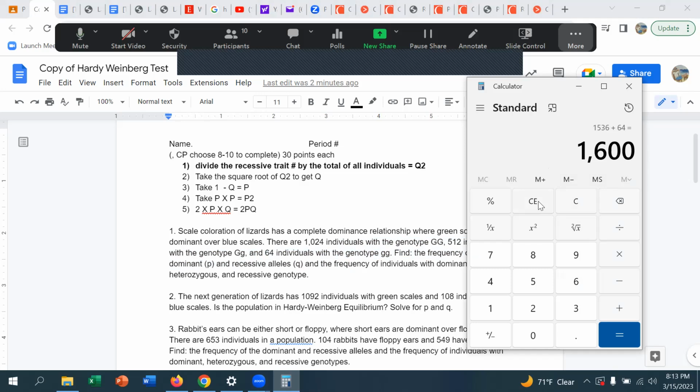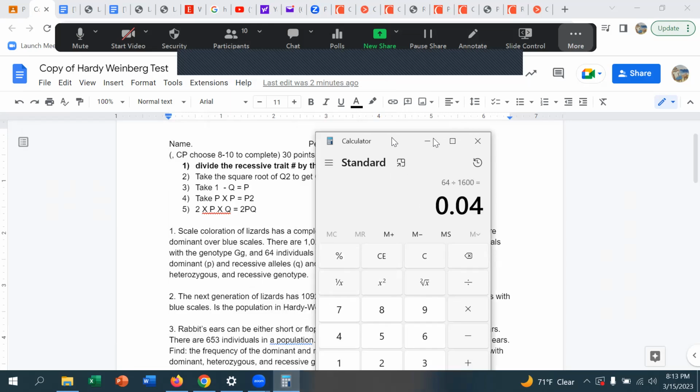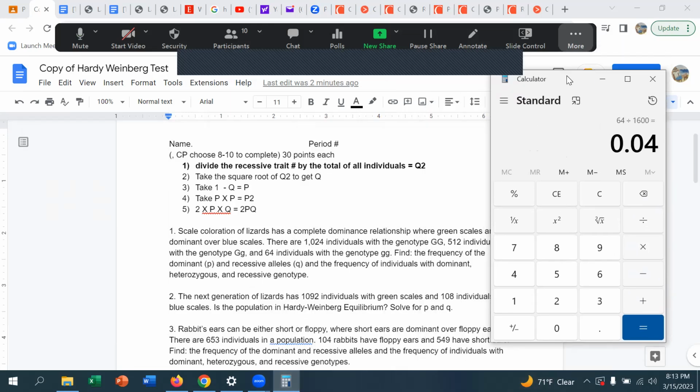So I'm going to go like this. 64 divided by 1,600 equals, and I told you it was 0.04. So Ingrid, you're going to help me with this. What number times what number makes 4?